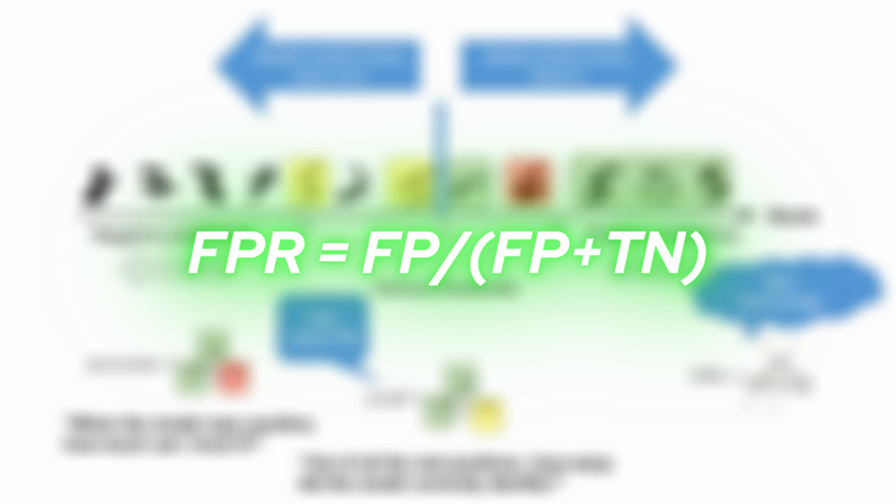Now in this session, we introduce a new metric, the false positive rate, or FPR. According to the formula shown in the figure, this metric measures the proportion of negative samples that were incorrectly classified as positive. In other words, the denominator consists of all samples that were actually negative, and the numerator represents those that were mistakenly predicted as positive.